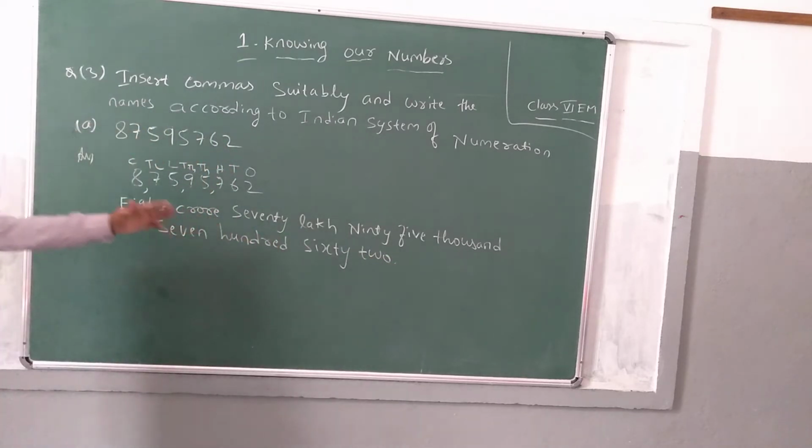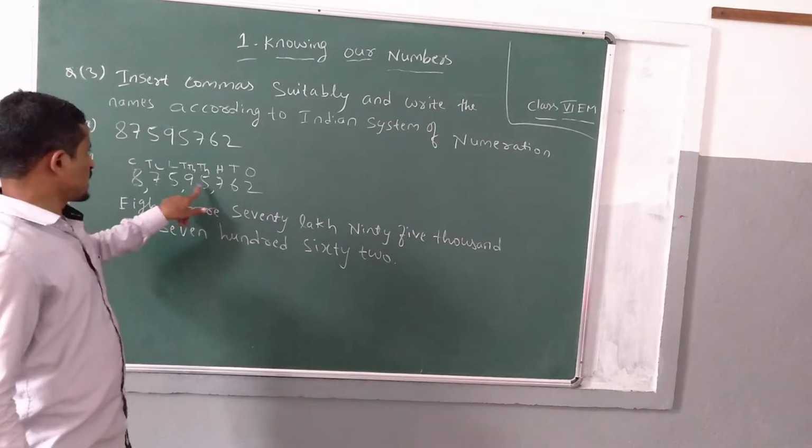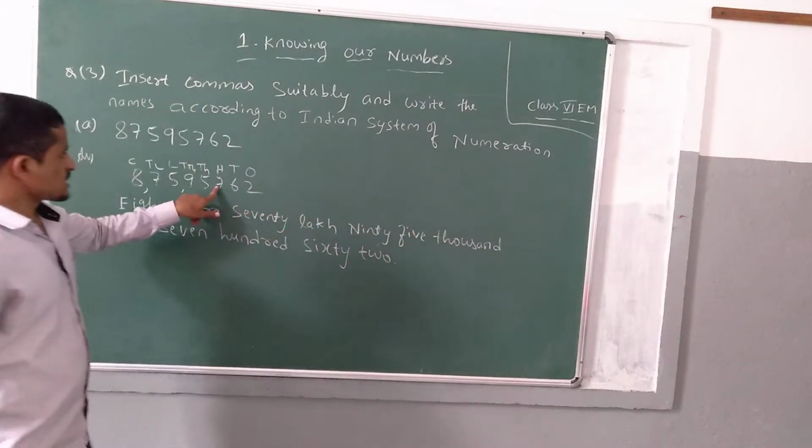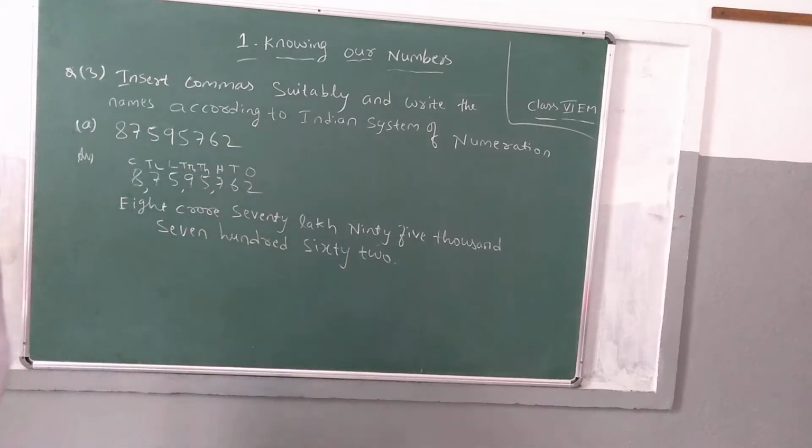Very simple problem. See here, 8 crore 75 lakh 95,762. So this is the first problem.